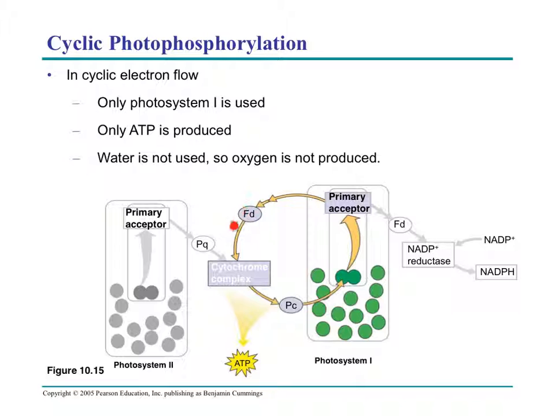We do not have the same electron transport chain where we can generate both an electron carrier and an ATP. All we're able to generate is an ATP. We're going to see that if you only generate ATP and you do not generate an electron acceptor, you are not going to be able to complete the dark reactions or the Calvin cycle.